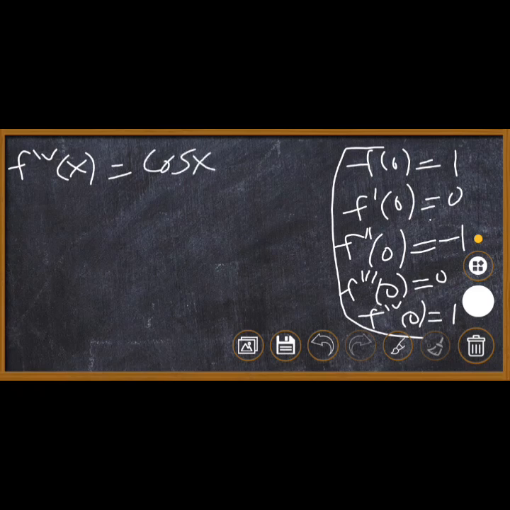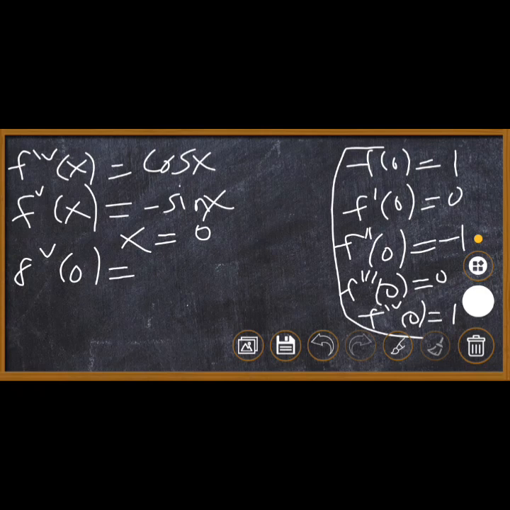So what is the derivative of cos x? Okay, so for the fifth derivative, the derivative of cos, of course we know, is negative sine. So when we replace where there is x with 0, we are going to have the fifth derivative of 0 equated to negative sine of 0.